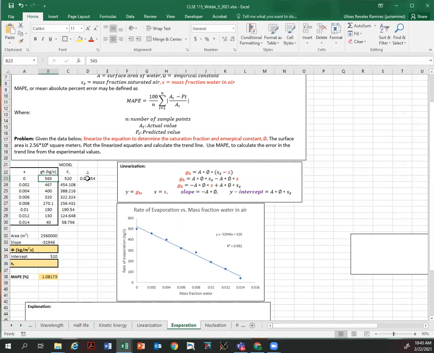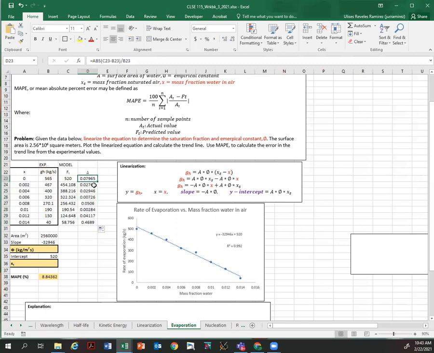So the actual number is this column. Yeah, let me fix that. The actual number is B23. The experiment. Okay, that's the difference.